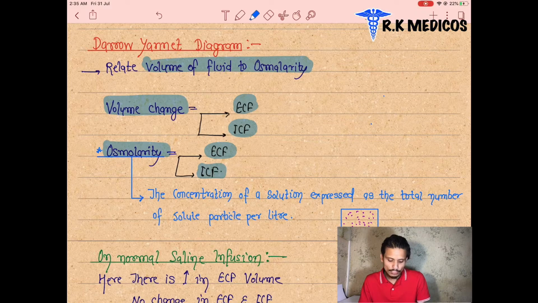So these 4 terms are going to define all the different parts of the Darrow-Yannet diagram.